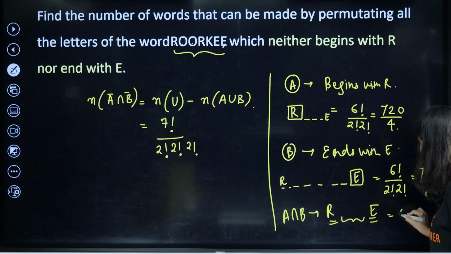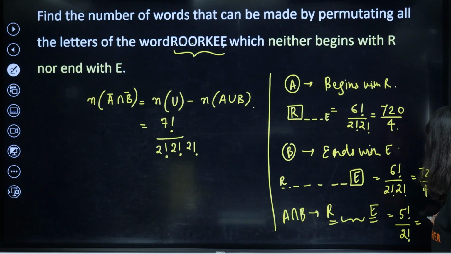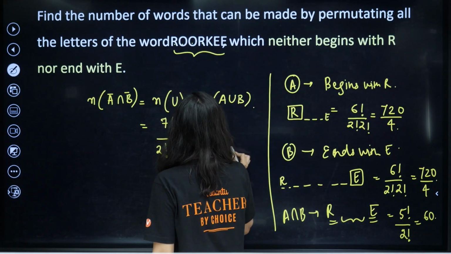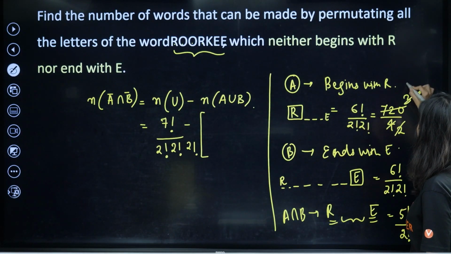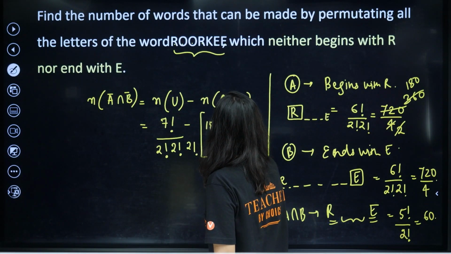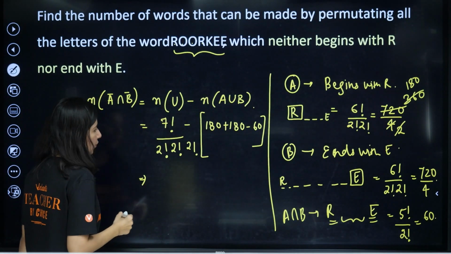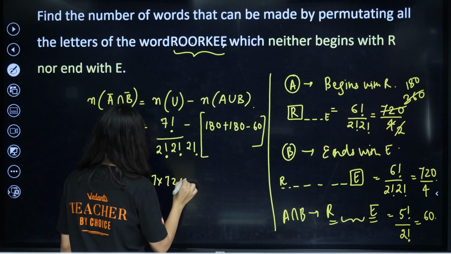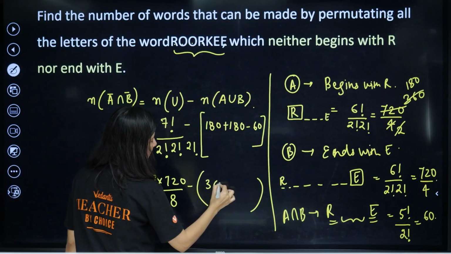Now it is going to be 5 factorial upon 2 factorial, so 120 by 2, which is 60. So this is 180 plus 180 minus 60. 7 factorial by 8, so 7 into 720 by 8, which is 630, minus 180 plus 180, which is 360, minus 60.